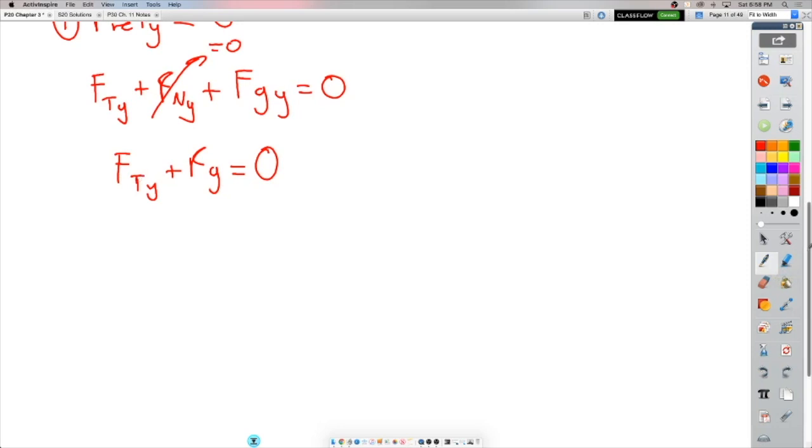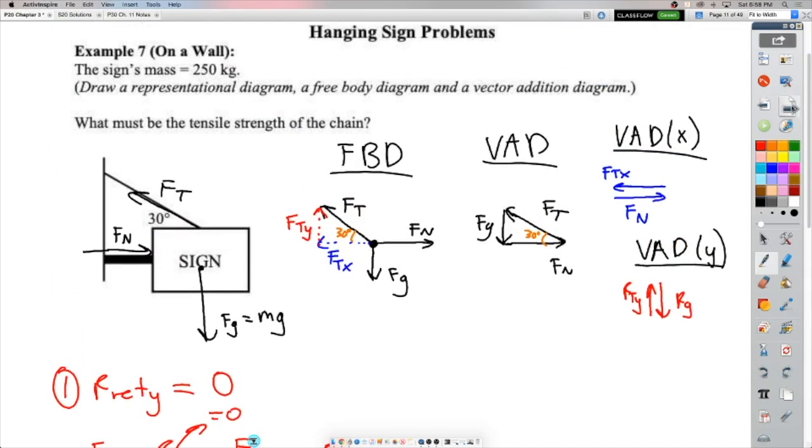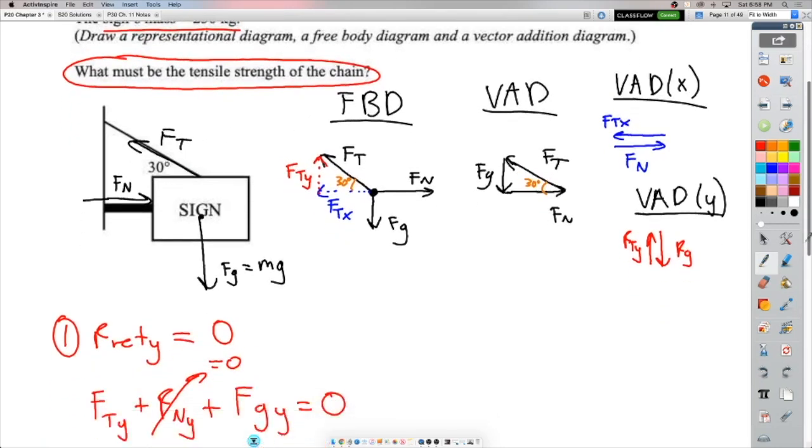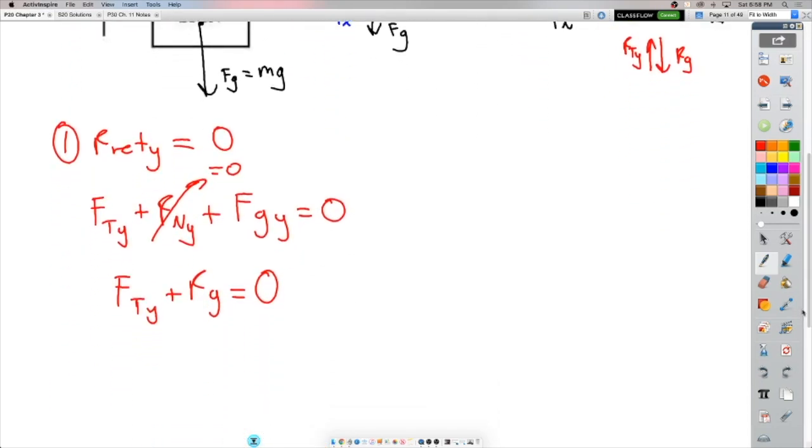And sorry, I got ahead of myself. I didn't say what we're looking for here. What must be the tensile strength of the chain? Also, we know that the sign's mass is 250 kilograms. I got excited, sorry about that. So we're looking for how strong this chain needs to be to support the sign if the sign is 250 kilograms. That's why we're working here on the y-axis.